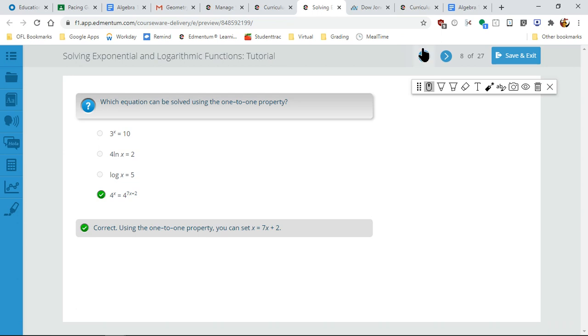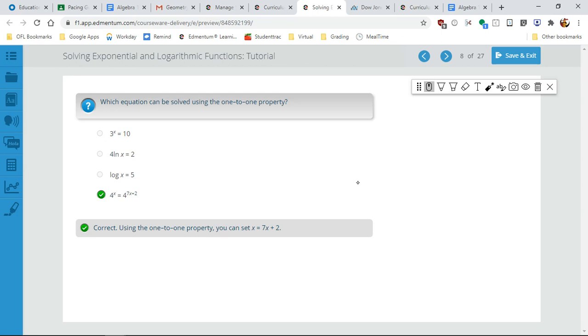So this one-to-one property, apparently what they're saying is, if we just log both of them by the same thing, it's easier to solve. This one, I guess what we're doing is using the inverse property, so that one doesn't count. This one, we're dividing by 4, and then using the inverse property.